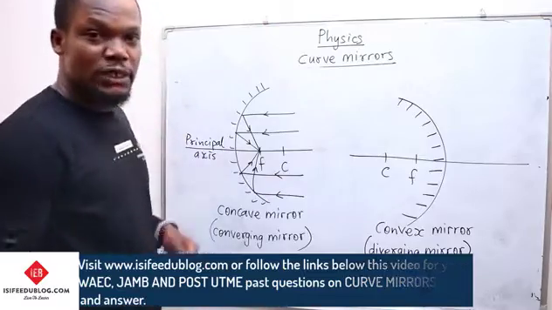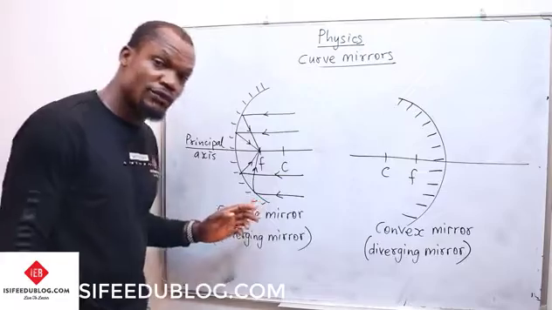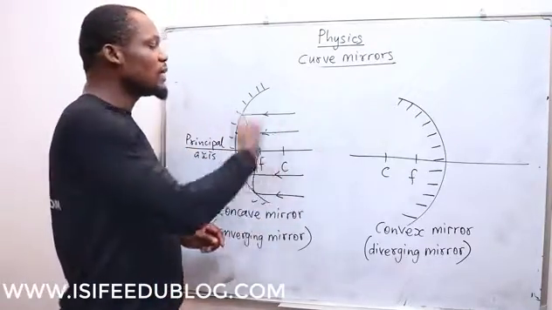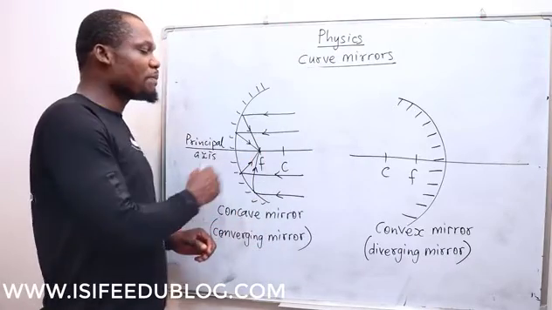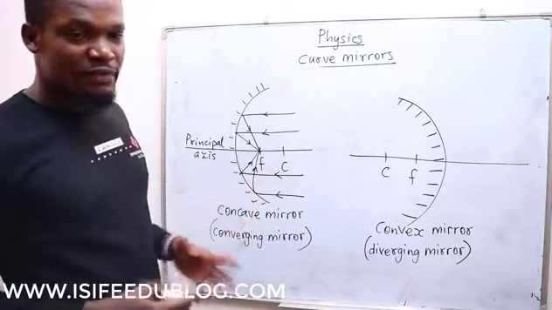So that is why we say the focal point is the point on the principal axis where all the lights parallel to the principal axis converge or diverge from.